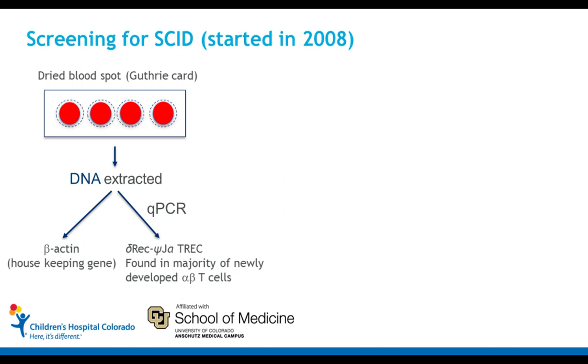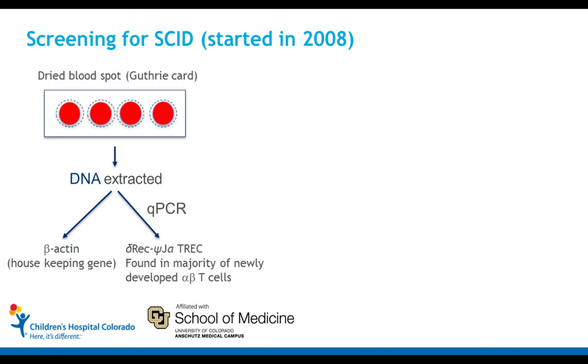Now this cartoon gives an idea of how this test is performed. The dried blood spot on the Guthrie card is used. A 3 millimeter punch is taken out of the card. The DNA is extracted, and the DNA is examined for integrity by using PCR to amplify beta-actin.